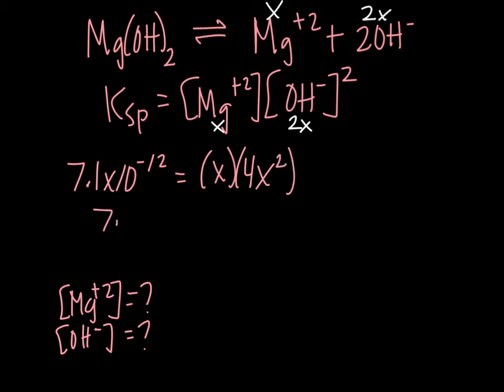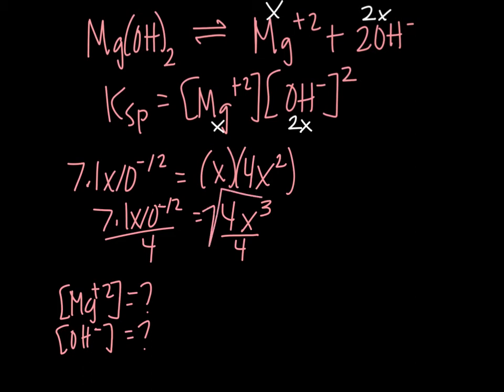So then this becomes 4x cubed, all right? 4x cubed. So now we are going to solve for x. Okay, so you divide by 4 on both sides, all right? And then you're going to cube root both sides too.